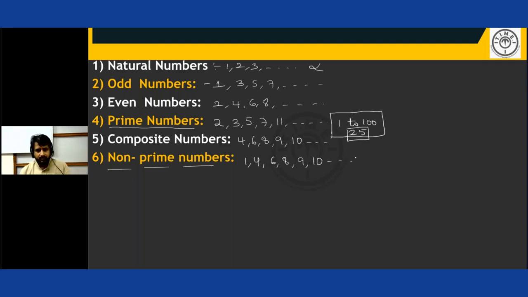Clear? So, what is the importance of these patterns? When we are discussing the examples, I will relate them so that you can understand the importance of these patterns. Now, what kind of logics will be given? What kind of logics will you come across in the exam? That we'll discuss.